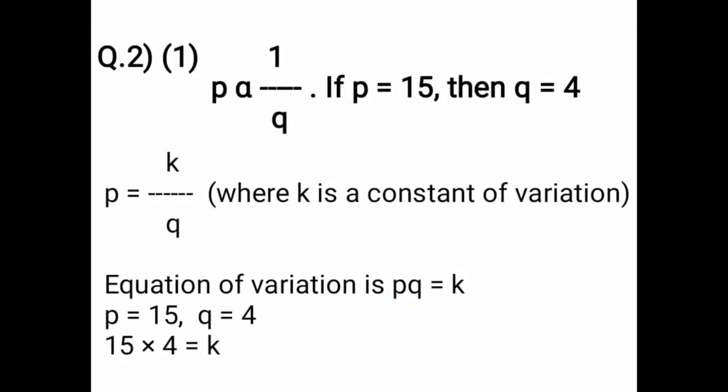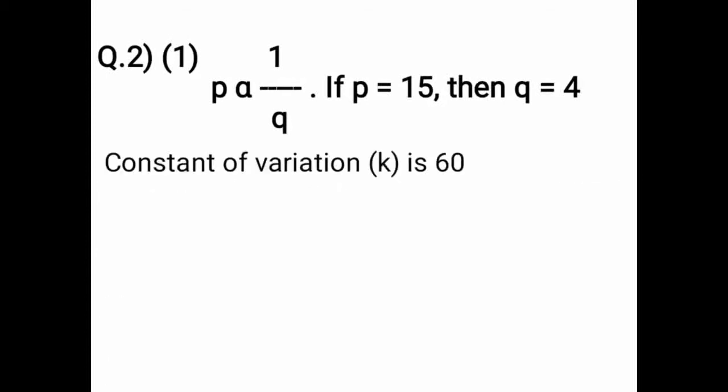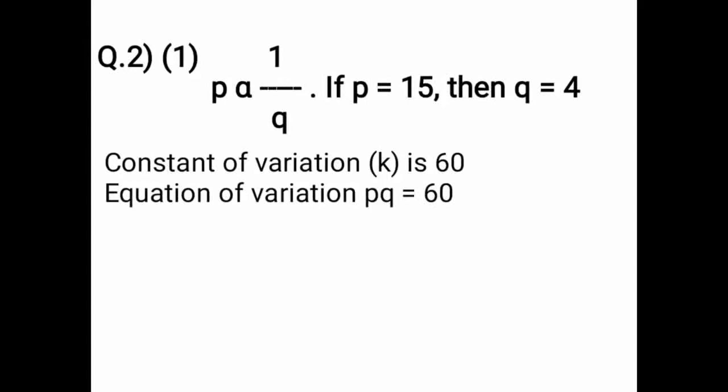That is 15 into 4 is equal to K. 15 fours are 60. Therefore, K is equal to 60. Constant of variation K is 60. Equation of variation PQ is equal to 60. When you are writing equation of variation form, finally you only have to substitute the value of K, which is the constant of variation. You don't have to substitute other values. Only K value you have to substitute.